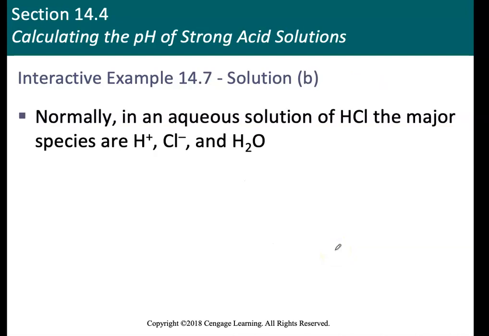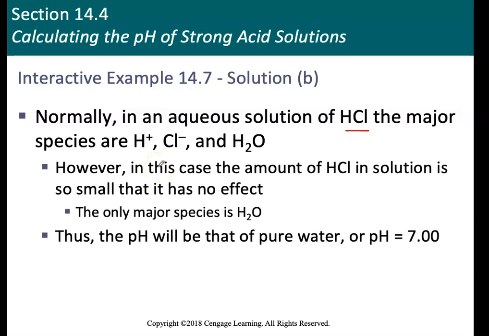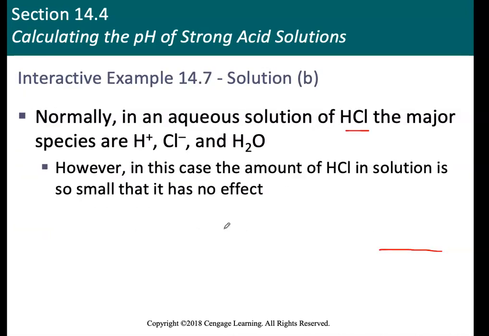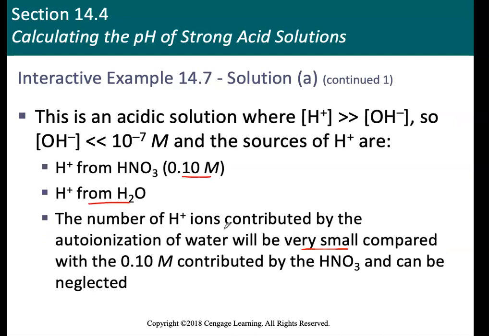Now the second example, you will see that we are asked to work out the pH of HCl, which is also a strong acid, but one thing that we have to bear in mind, the pH of pure water is 7, and the concentration that we are given in this acid, HCl, let me go back to the question here.